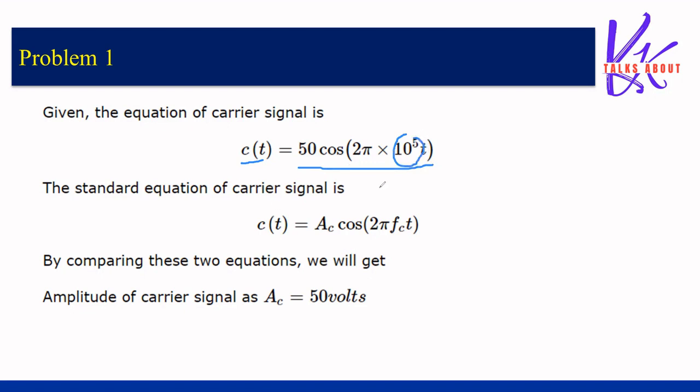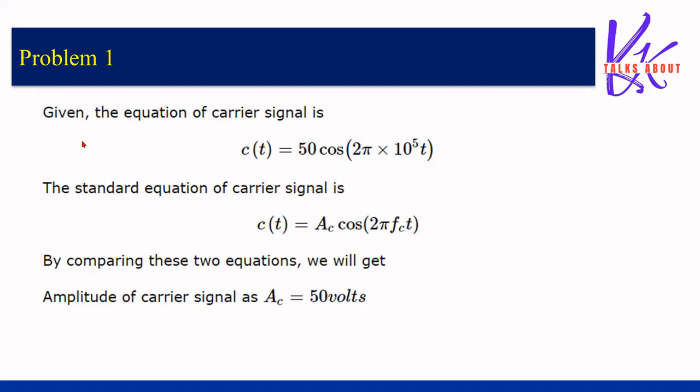Comparing with the standard equation, the amplitude of your carrier, AC, is 50 volts, and the frequency is 100 kilohertz.